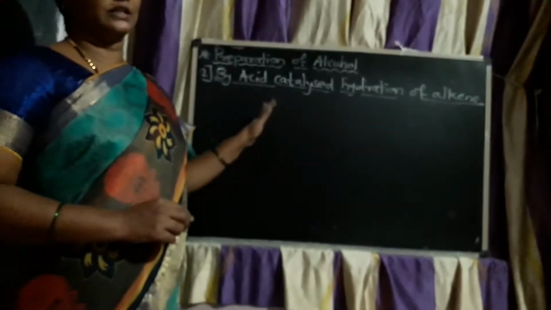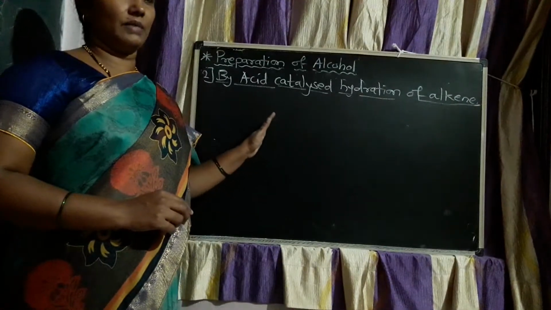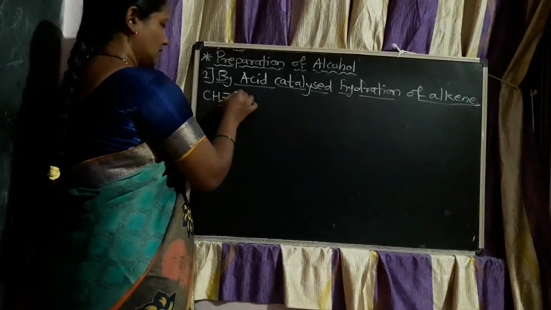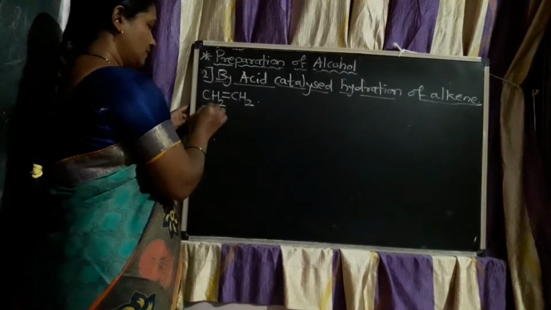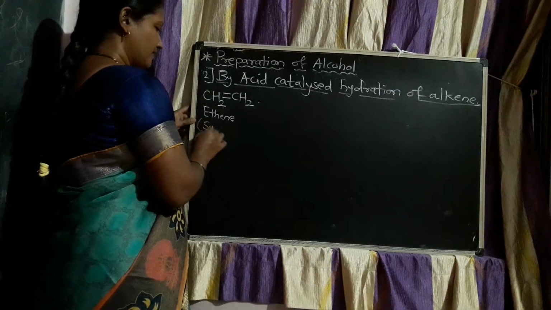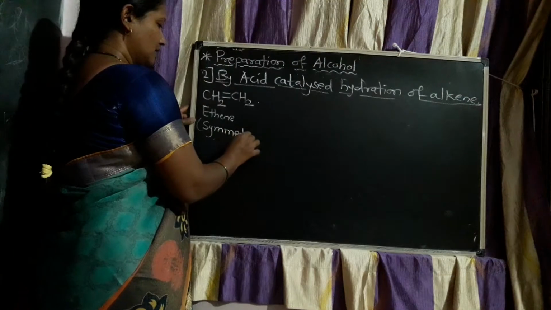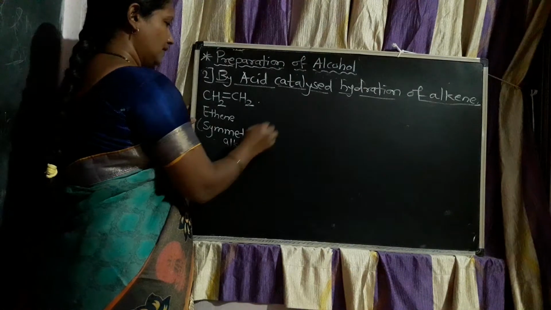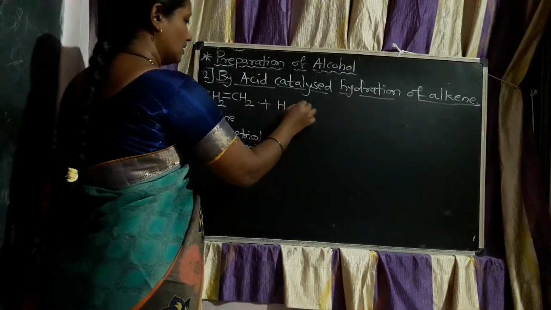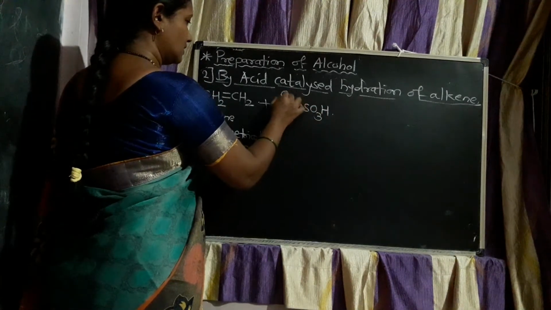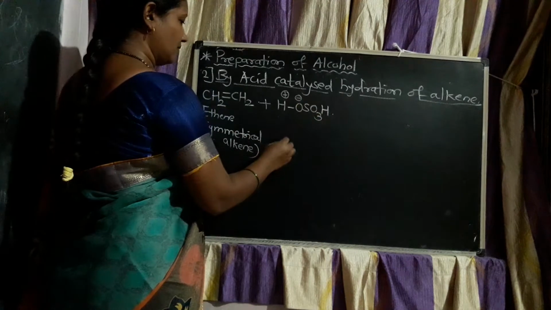Now we can see in this reaction, according to Markovnikov's rule, first a symmetrical alkene. CH2 double bond CH2, this is the ethene, a symmetrical alkene, plus H2SO4, that is H plus and OSO3H minus.